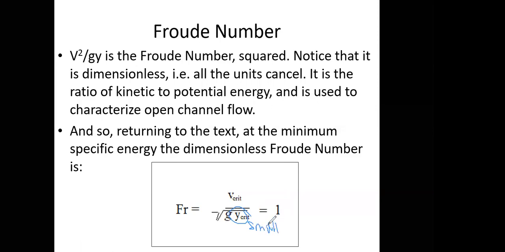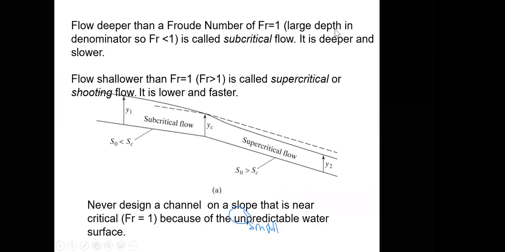Froude number less than 1 is called subcritical flow, and it is deeper and slower. Shallower than Fr equal to 1 is called supercritical or shooting flow. It is shallower and faster.